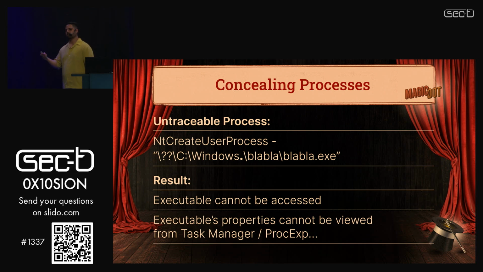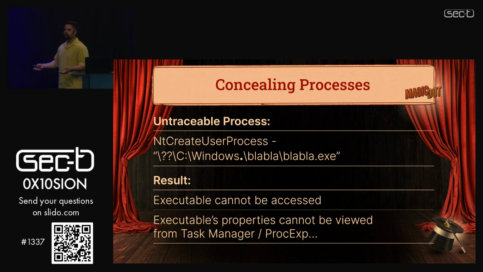What will happen as a result is that anyone who takes any file operation against the image path of this process that we ran is just redirected to a non-existent path at the real Windows directory. And there is no blah blah directory inside the Windows directory.